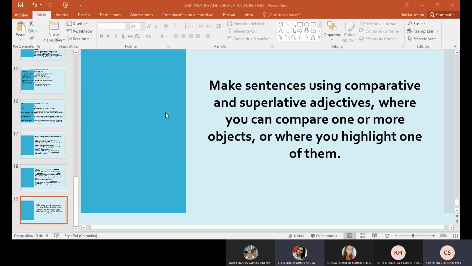Yes, teacher. The Tigo company is better than Movistar company. Coca-Cola is more delicious than Pepsi. Okay. My brother is taller than my husband. My dog Toby is more loving than my dog Coco. Superlative, my father is the best in the world.